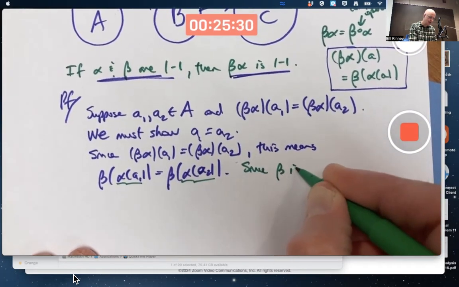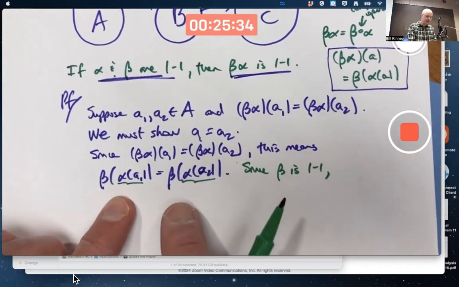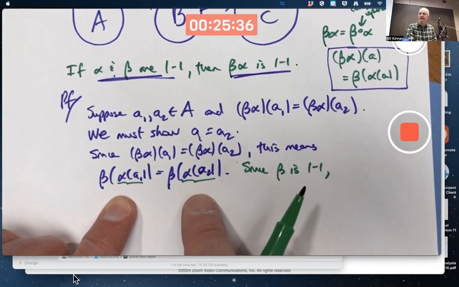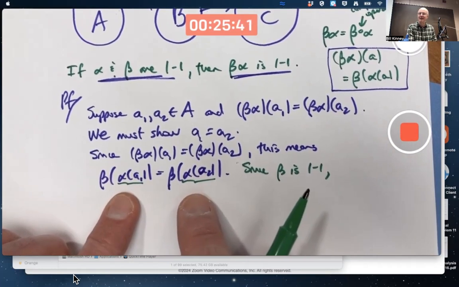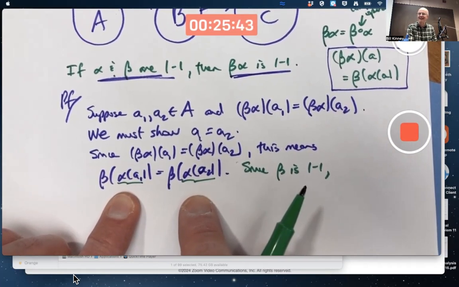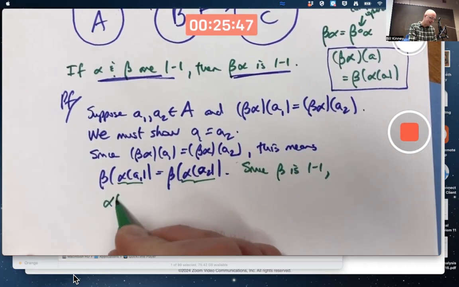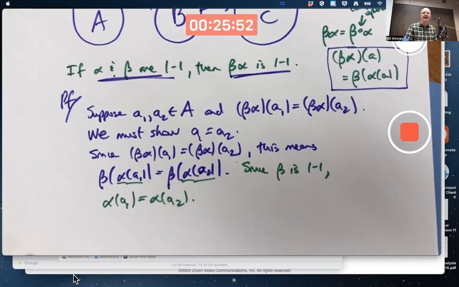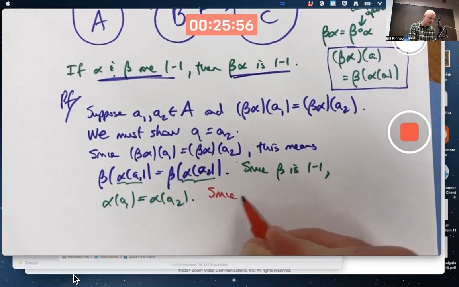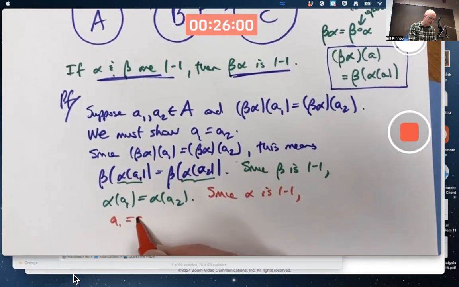Since beta is 1-to-1, we've got beta of something equals beta of something else. The something and the something else must be the same thing. Alpha of A1 equals alpha of A2. Now we're almost home free. Since alpha is 1-to-1, A1 equals A2, and we're done.